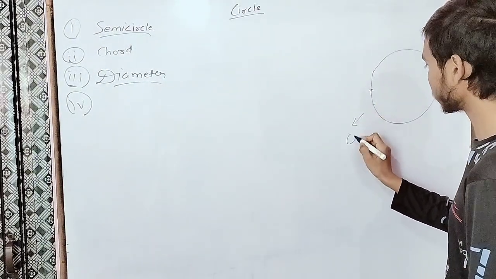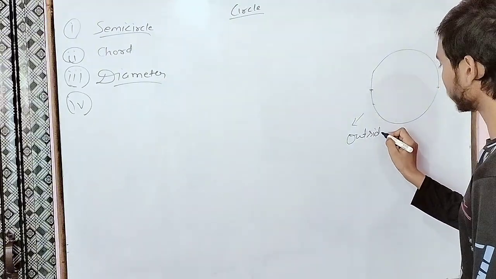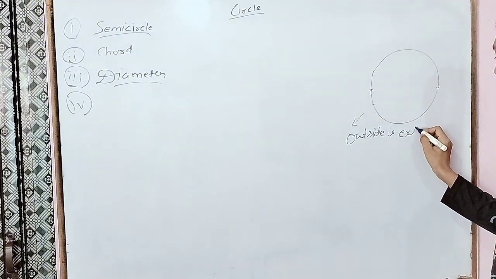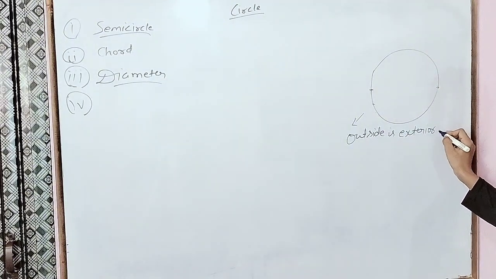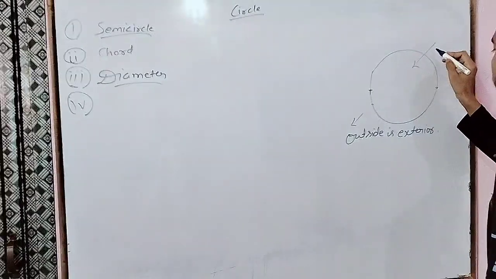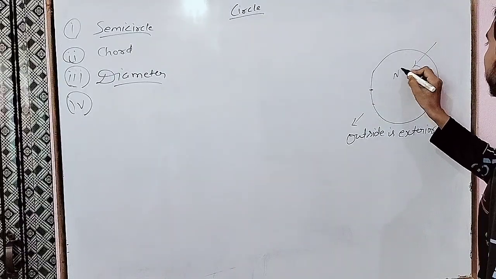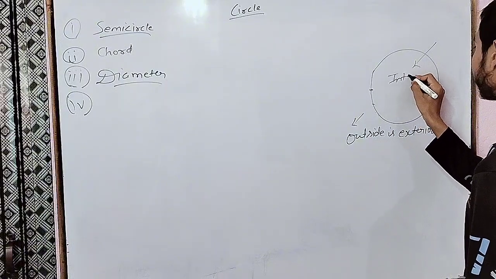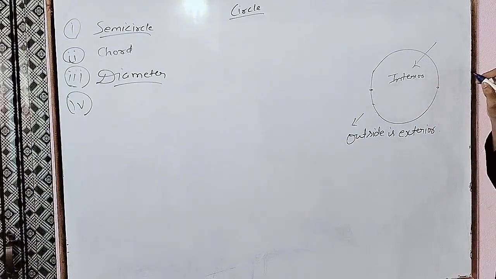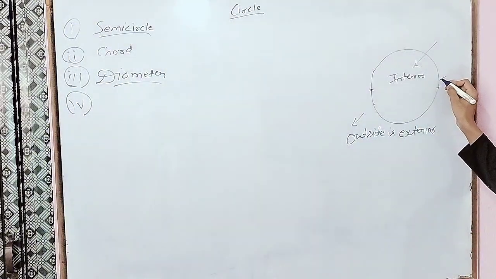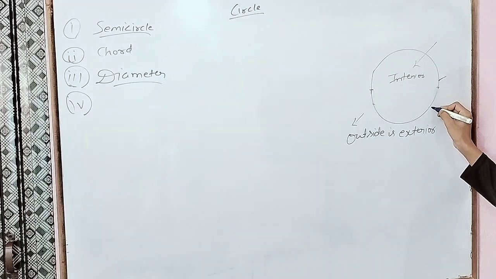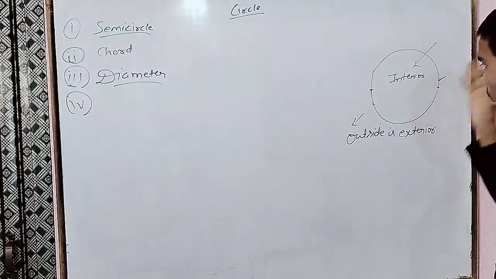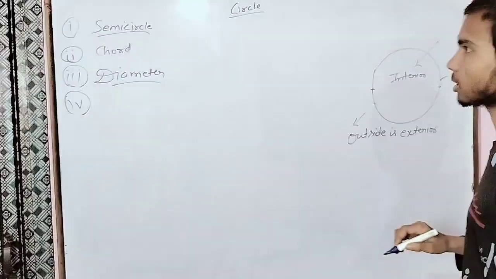This outside area is exterior, and this inside area is what? Interior. This inside area is interior, and an object which is at the circumference will be known as what? On the circle.